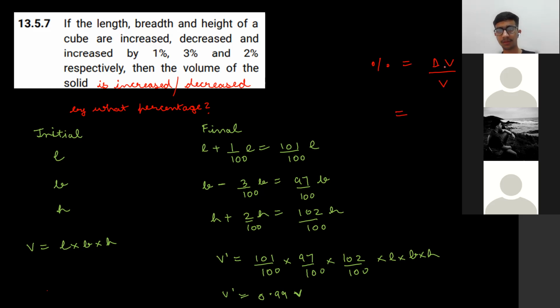So the net change is the volume has decreased. So it will be original minus final. So V minus 0.99 V divided by V into 100.